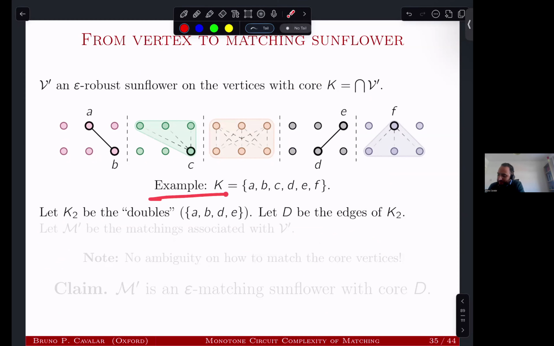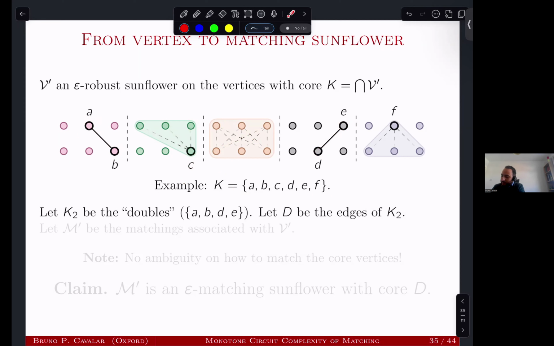And just for simplicity, we have this core with these 6 vertices, A, B, C, D, E, F. So in the core, we have these 2 vertices, so this edge is necessarily present, and here the same thing. Here, this core has no vertices, so every edge is possible. And here, the core has only one vertex on this part, so all of those edges are possible in the sunflower.